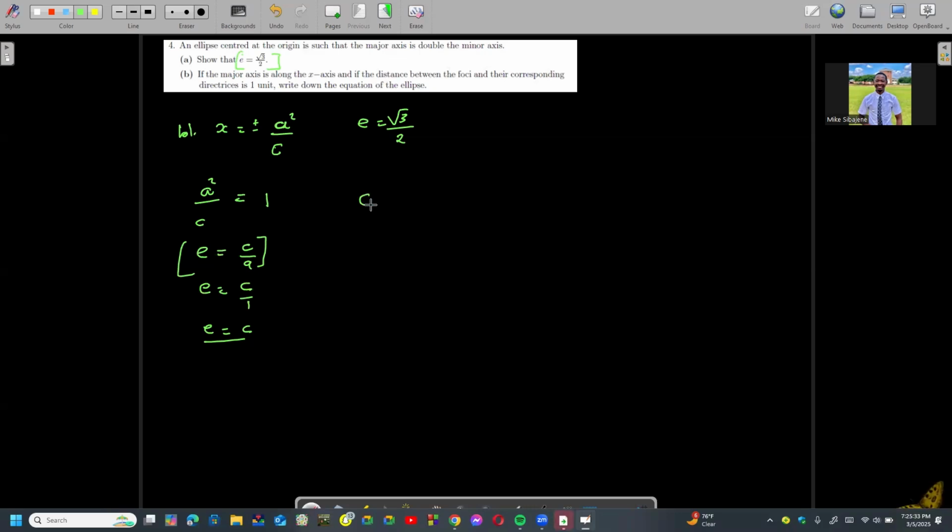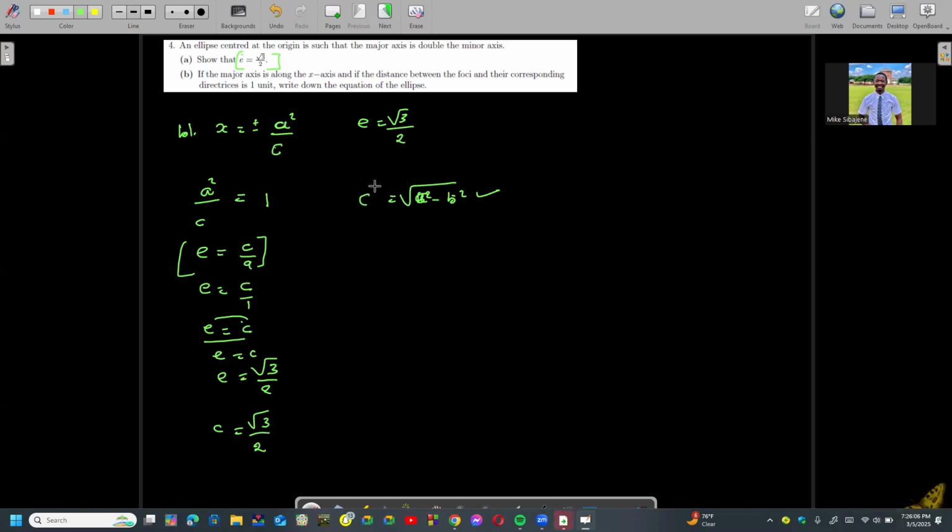We know that c is given by the root of a squared minus b squared. This is the formula for c. But I know that my eccentricity is equal to c, and eccentricity is given by the root of 3 over 2, meaning that c is equal to the root of 3 over 2.